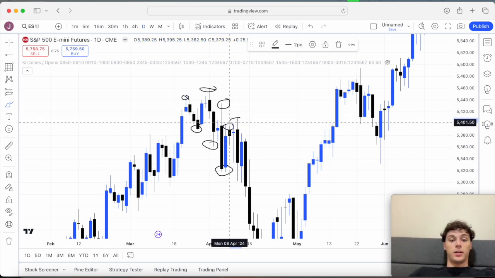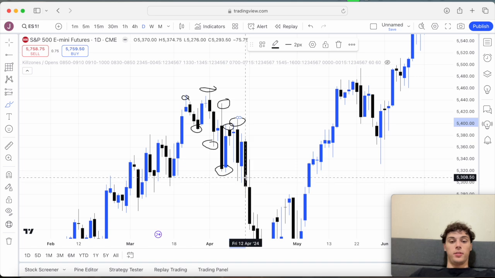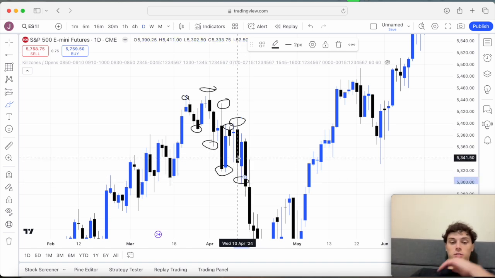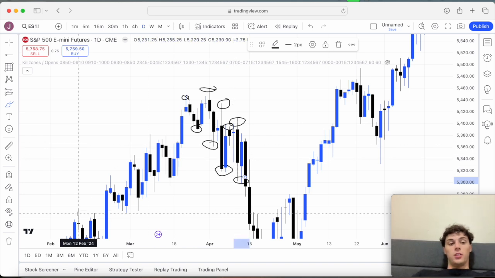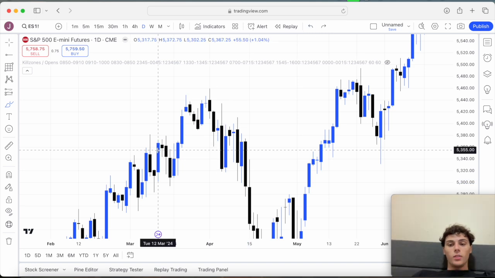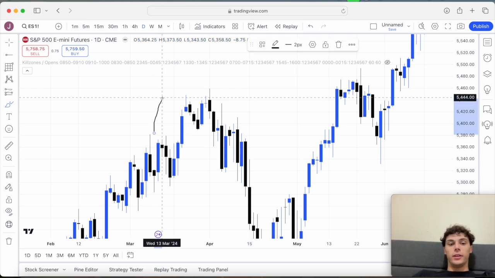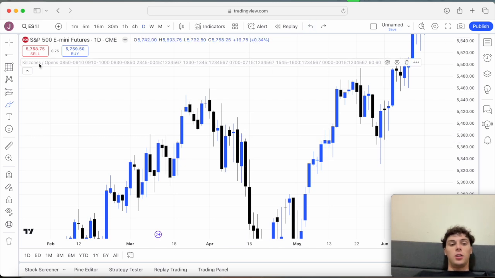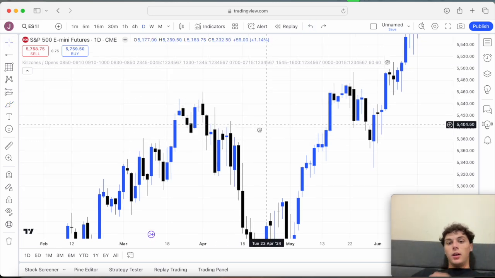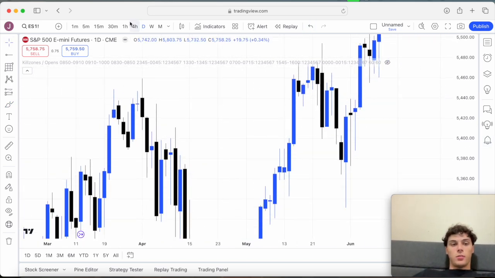We have a higher high right here, but then we get backed up with a lower low. That does get tricky. But yeah, it's just as simple as that. It really is just that simple. And anyways, right now we're on the daily.